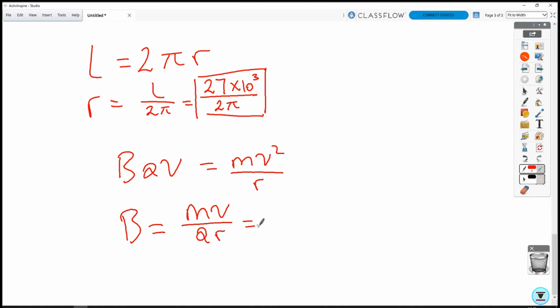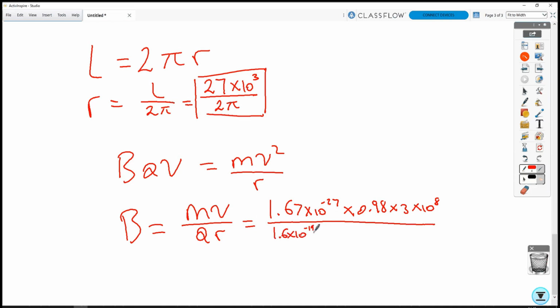And now we can start substituting our values in. So m is 1.67 times 10 to the minus 27 times the velocity, which is 0.98 times the speed of light, which is 3 times 10 to the 8, all over the charge of the proton, which is 1.6 times 10 to the minus 19, times the radius, which was 27 times 10 to the 3 over 2 pi.